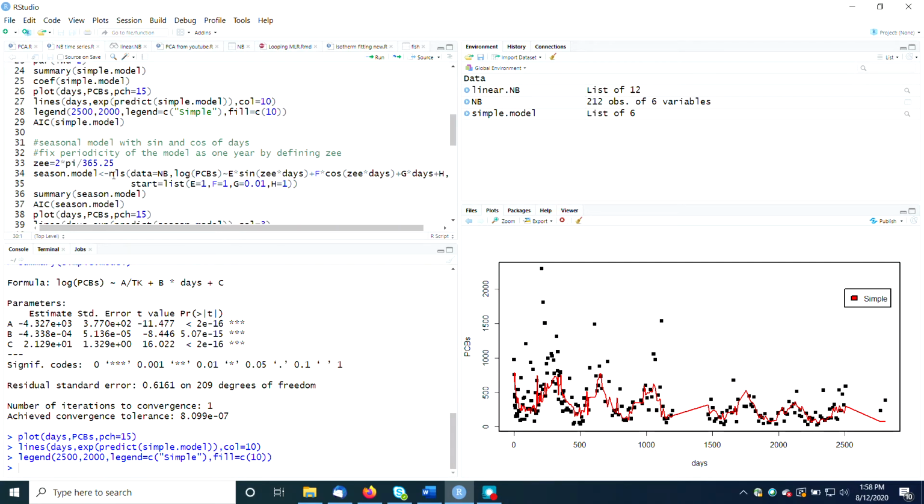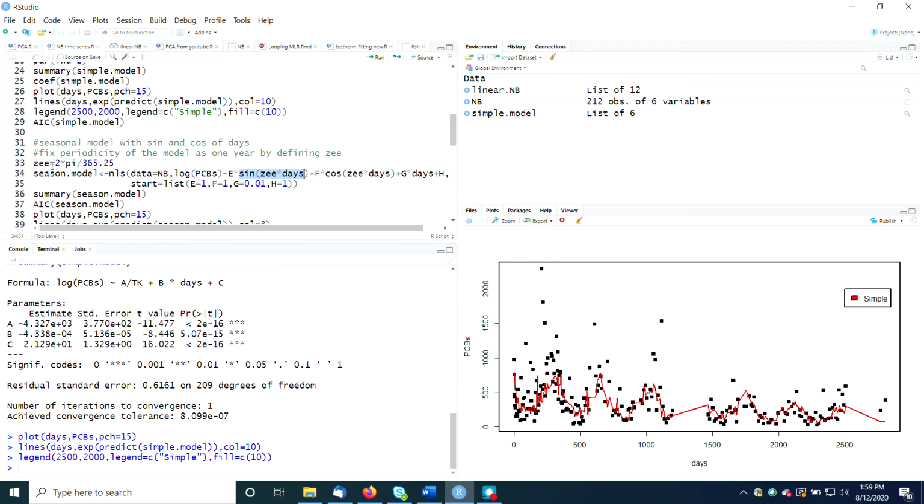Now, another way that we could do this is by saying that the periodicity here is not due to temperature, but due to season. And so we could use this model. This is from that paper that I posted on the Canvas website. It's by Venier et al. from 2012. It's called Different Time Models. And this is where the log of PCBs now is going to be a function of the sine of this parameter z times the number of days.